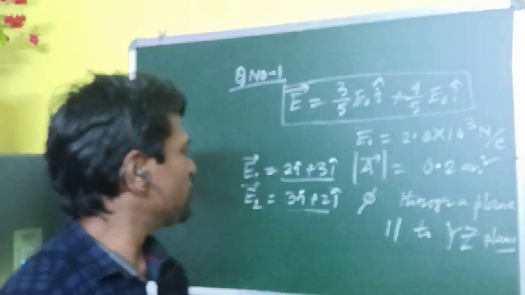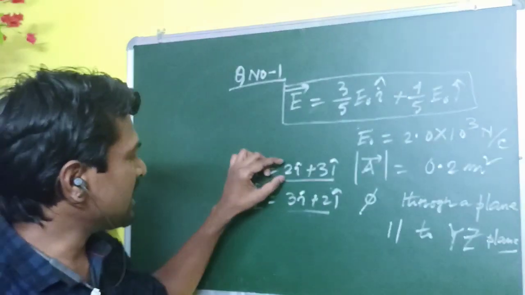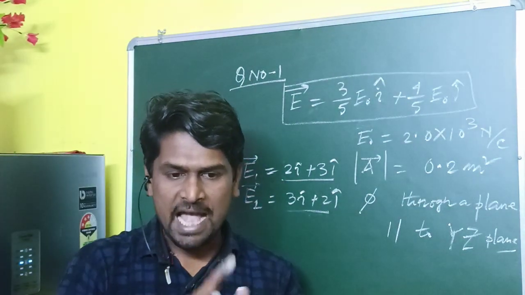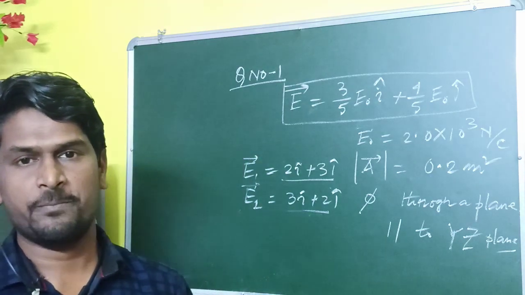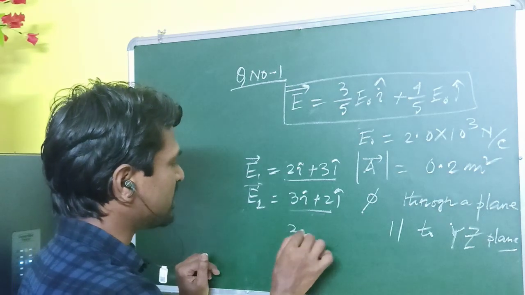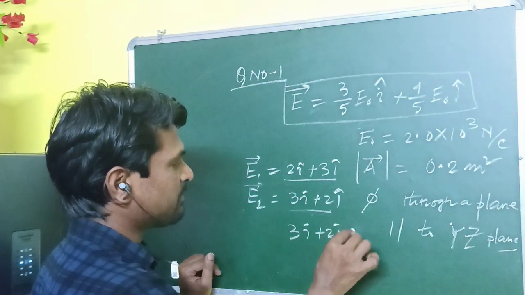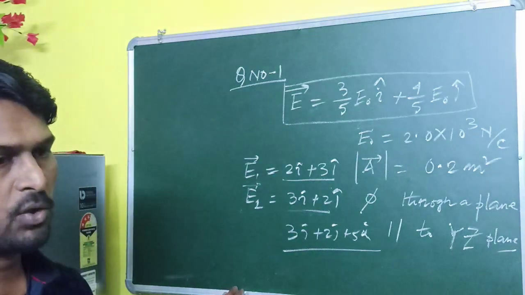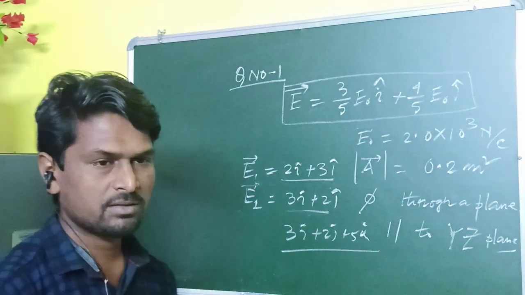That's why you have to realize that the components of the electric field are arranged in different patterns. And if we add another component, say 2 j cap plus 5 k cap, then this is a specific vector which is different from the others.